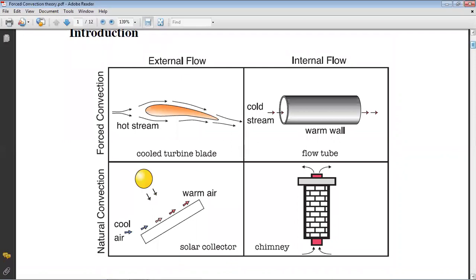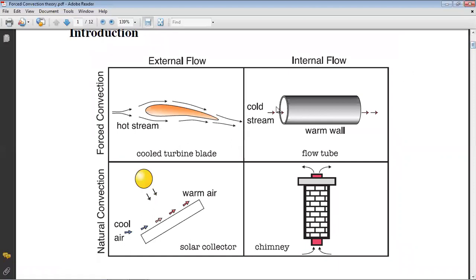These are the examples of forced convection as well as natural convection. Again, there are categories. We can have external flow as well as internal flow.